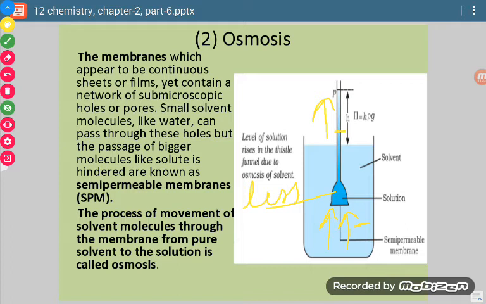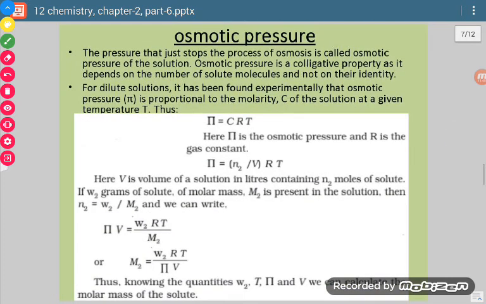So this phenomenon is called osmosis. What is osmosis? The process of movement of solvent molecules through the membrane from pure solvent to the solution is called osmosis.